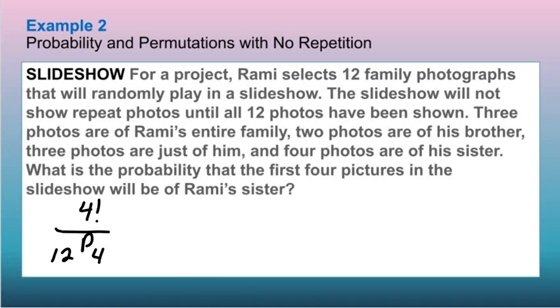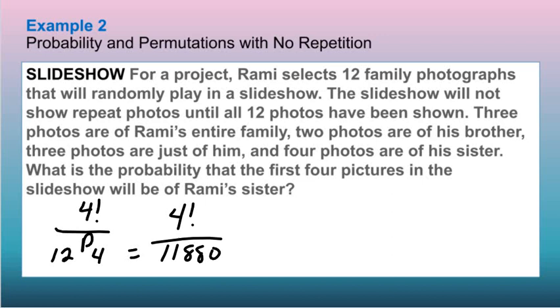First, we want to do the denominator part. So if I did 12 permutate 4, that gives us 11,880. There's 11,880 possible outcomes there, and then I have 4 factorial on top.